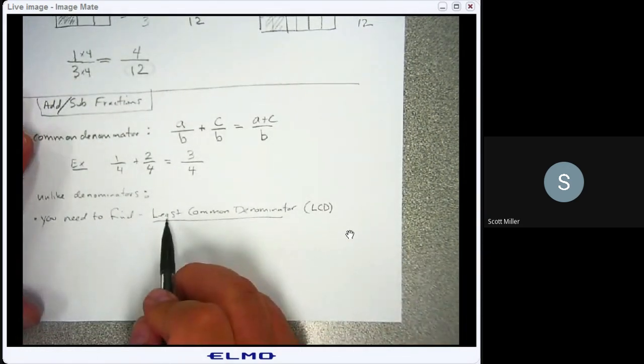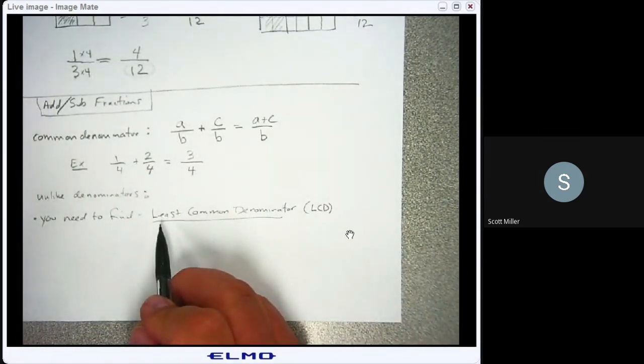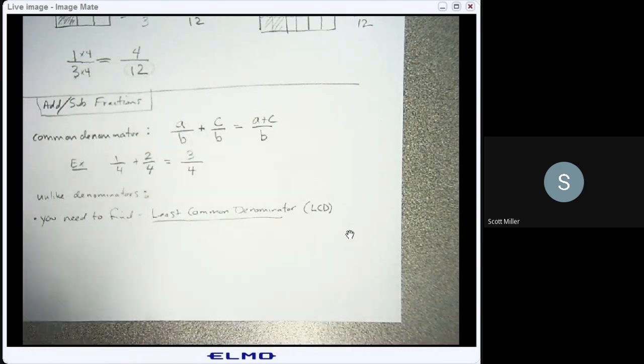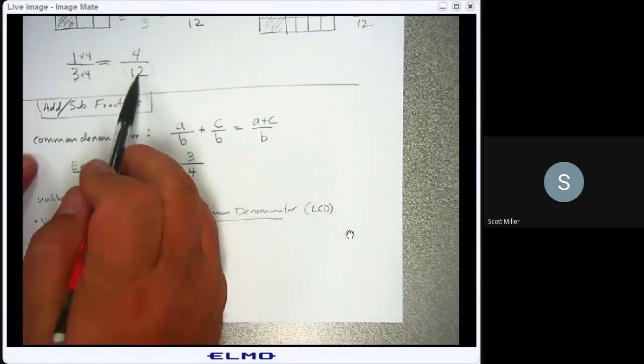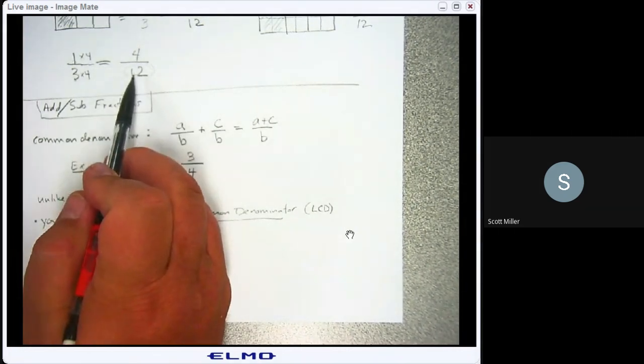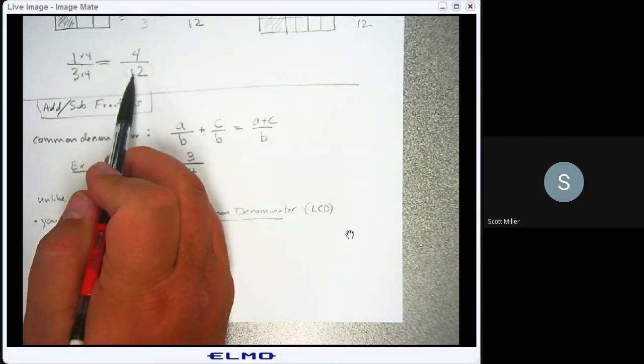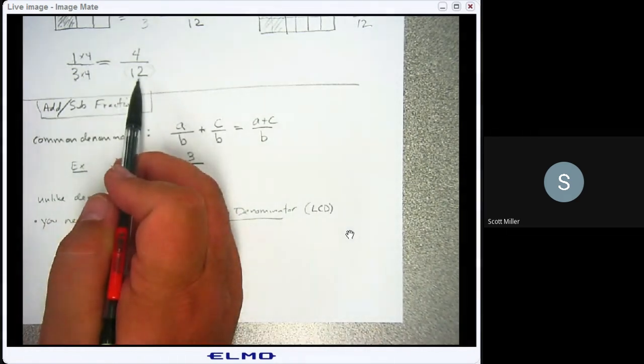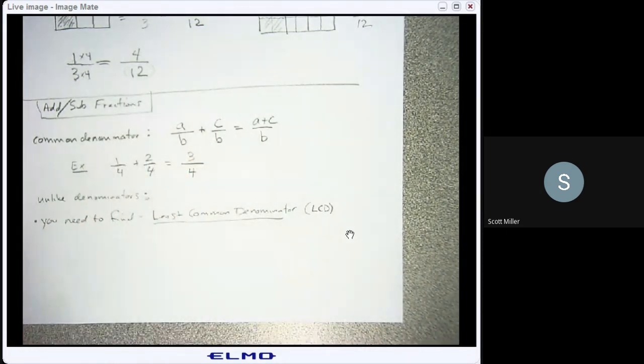Least, the smallest common, okay? So the least common is the smallest number that denominator can be and still work. That's what this means. Because I can pick, like I said, an infinite number of them, but those numbers are going to get huge. They're going to get big, okay? I want the smallest one. I want the first one that's going to work.